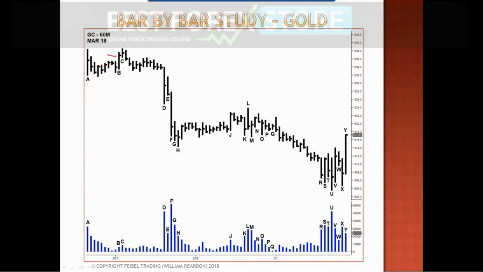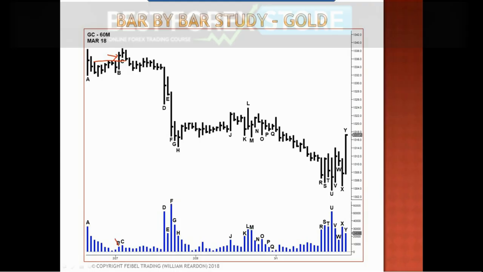Then bar B grabs my attention. Slightly above average spread, closes firm with a little pickup in volume, a little spike in volume. And what's important about bar B is that we break, we can see, a local level of resistance.